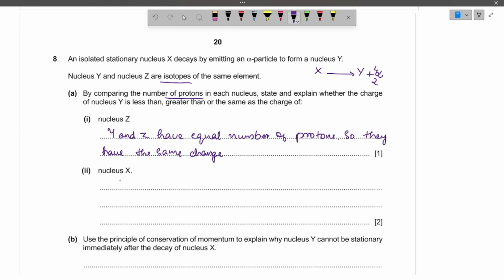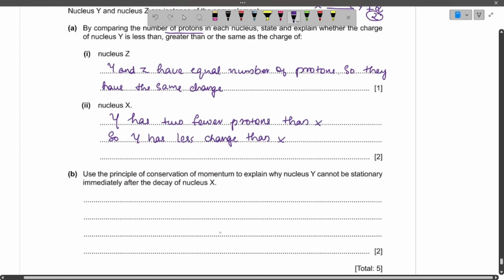Then the second one, nucleus X and Y: will they have the same charge or not? So you know that the X nucleus decayed into Y, right? So the X nucleus has lost 2 protons to form the Y nucleus. So X has more protons compared to Y, right? Then the B part.